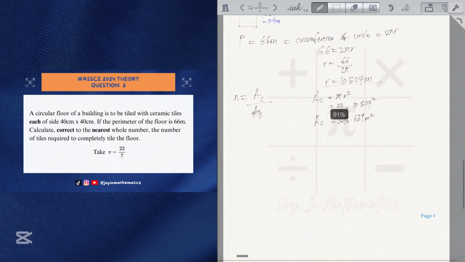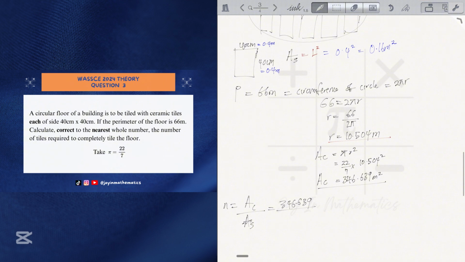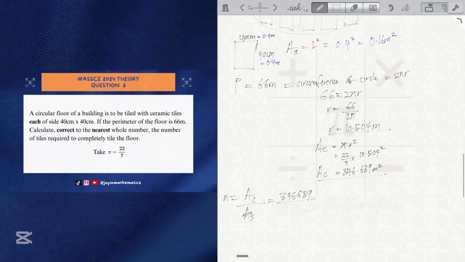Now with this, we can find the number of tiles required. That's the area of the circular floor, 346.639, divided by the area of the square tiles, which is 0.16 meter squared.